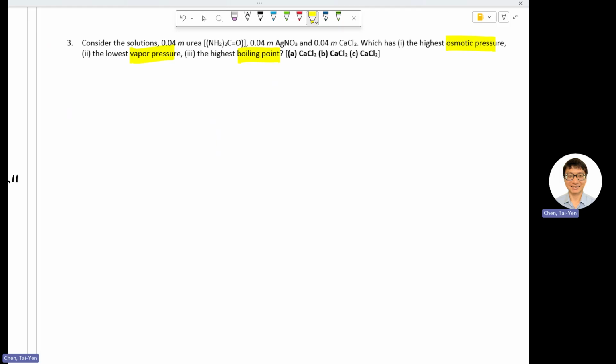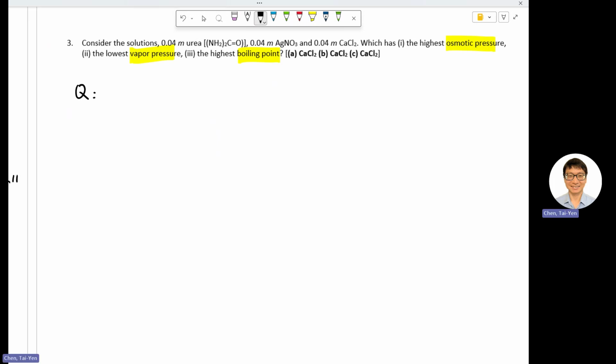So when you have a higher effective concentration, you're going to have lower vapor pressure, lower freezing point, and higher boiling point and osmotic pressure. Those are the things that you need to know.